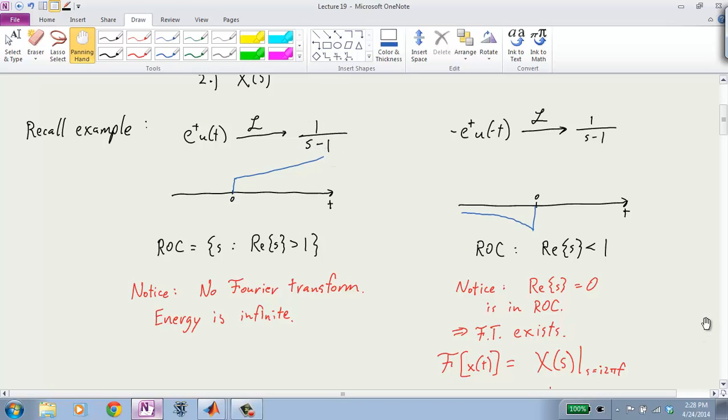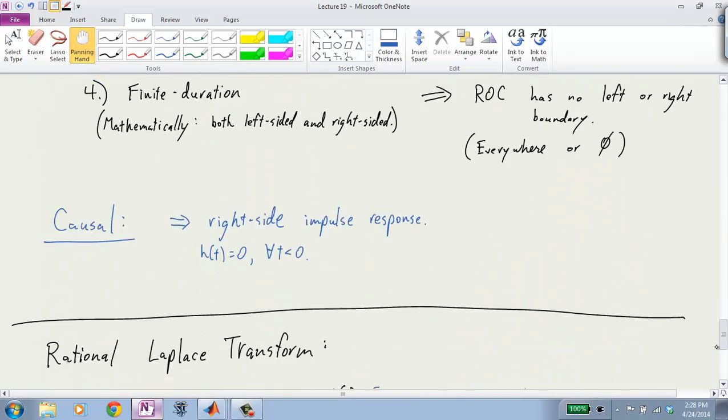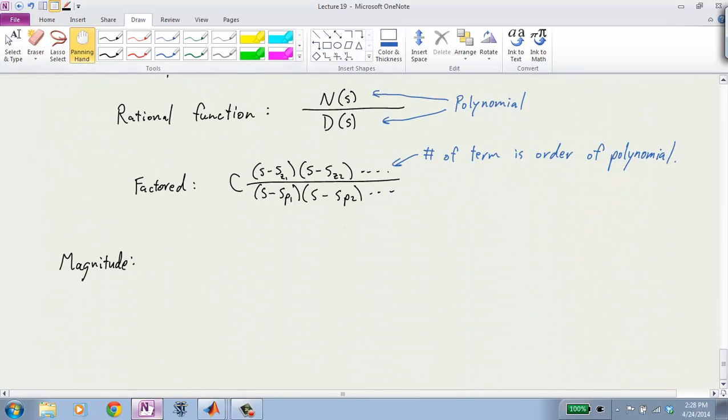Now, that means the entire function is specified by a constant, which I usually won't worry much about, and these values, the SZs and the SPs. We have certain names for these things.